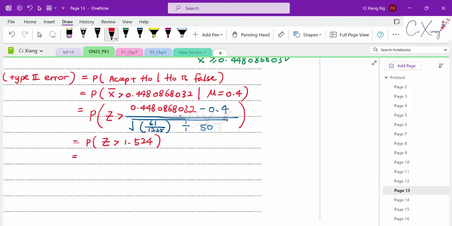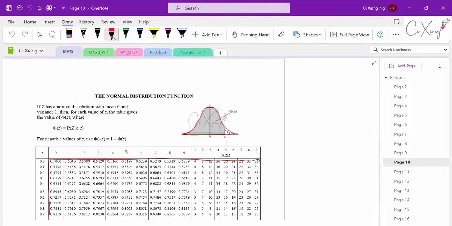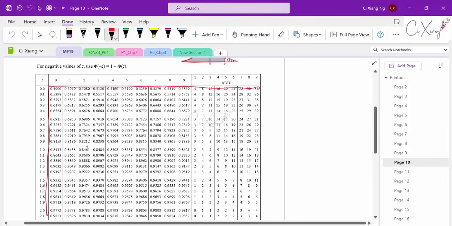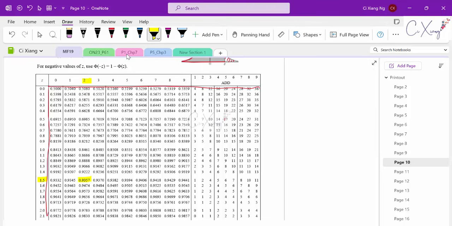And to calculate the probability, you have to take 1 minus. So look for 1.524 from our table. 1.5 is here, 2 is this one. Then 4, so what's the 4? 4 is here, so you go to the back. This is the value that you need to add.